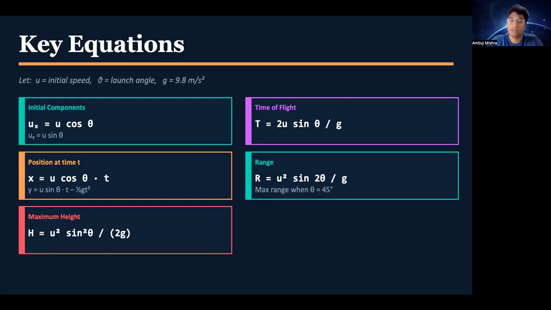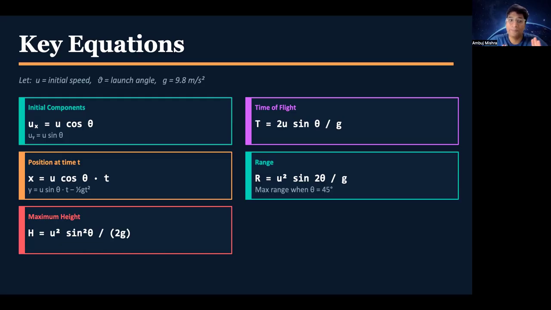The vertical position, from the kinematics equation s equal to ut minus half at squared, will be applied over here, right? Because the g force is pulling it down. So you can replace u with u sin theta because the vertical velocity is just u sin theta, and acceleration a is g over here. So position y becomes u sin theta times t minus half g t squared.